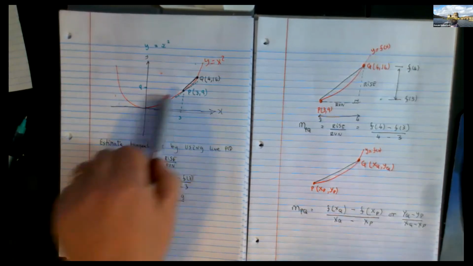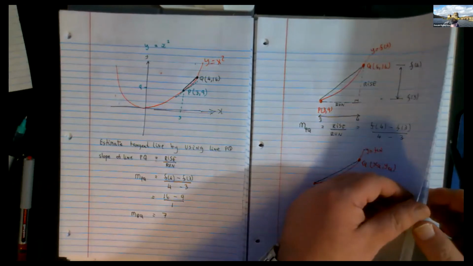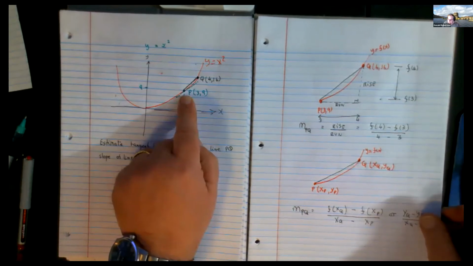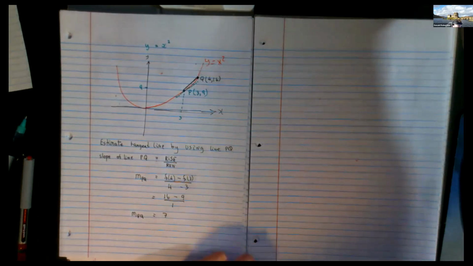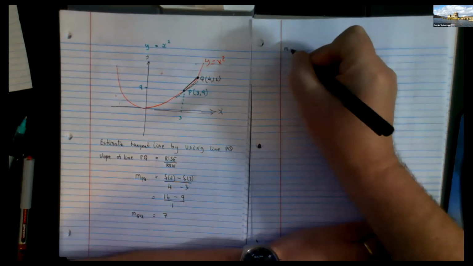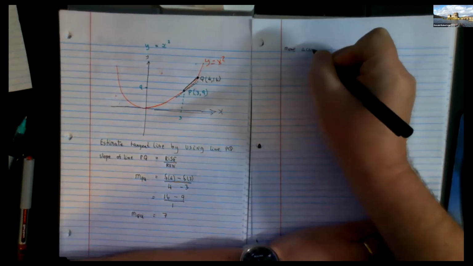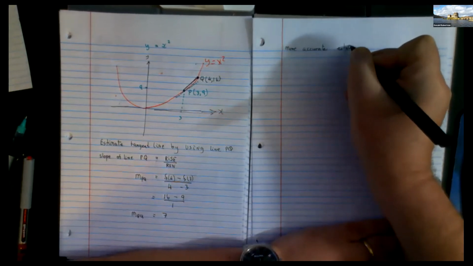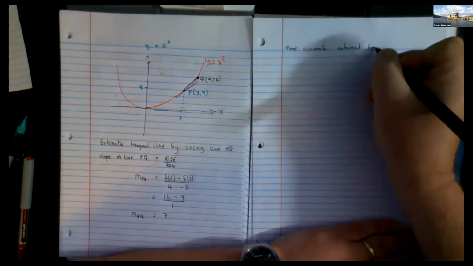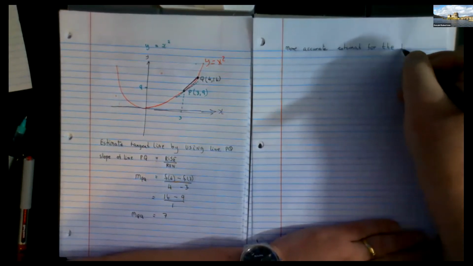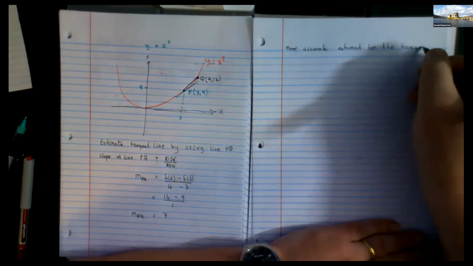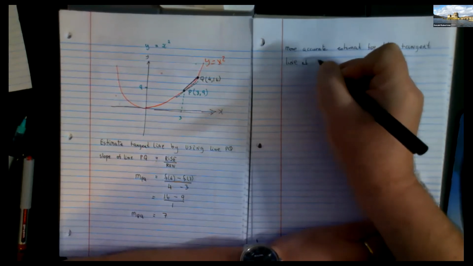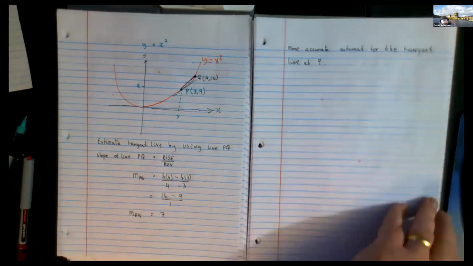Okay. So right now, I have got my first estimate for the slope of the tangent line at P, right? I would like a more accurate estimate. So we're back to y equals x squared again.